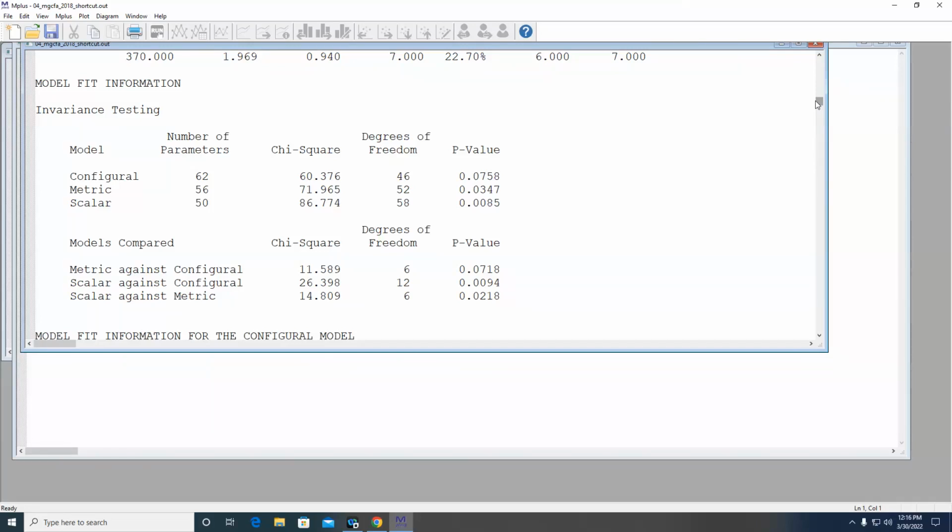My expectations for you, for being able to see nested models: in terms of parameter nesting, I expect you to understand that as we constrain parameters, the model with constrained parameters is nested within the unrestricted model. And I expect you to understand that if I constrain a parameter over here but free something over there, then those models aren't nested.